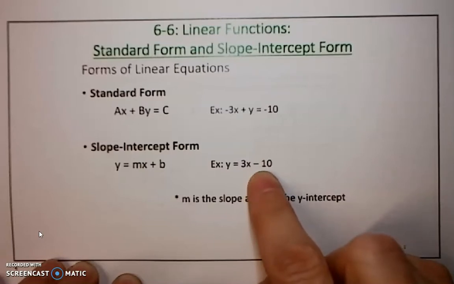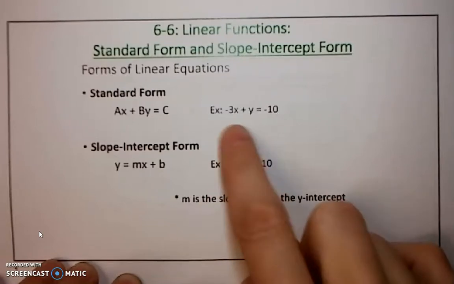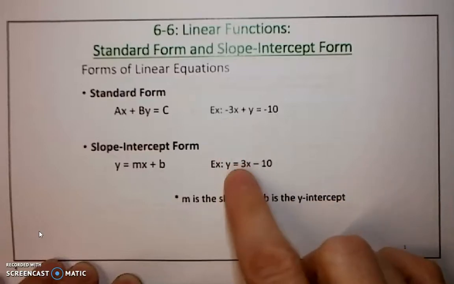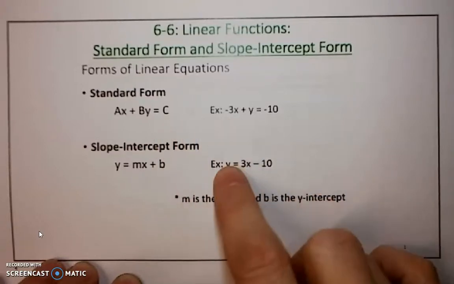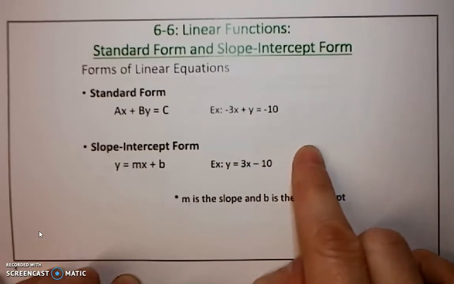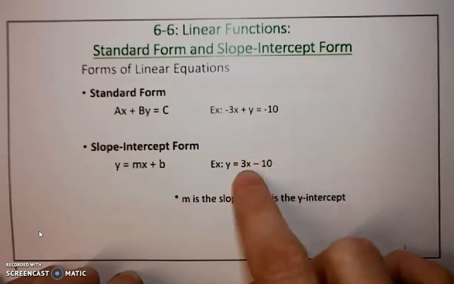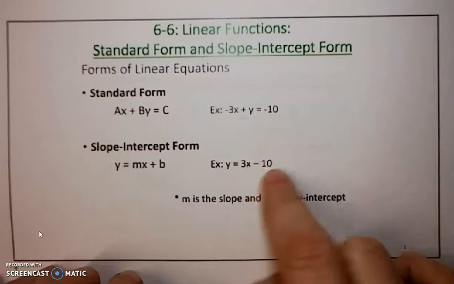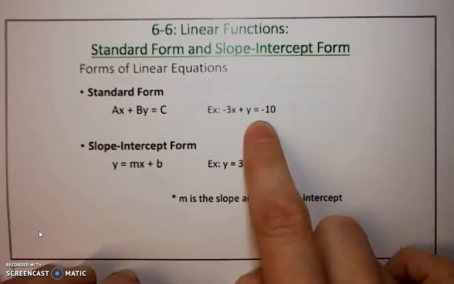What I want you to know is that whether I write it in standard form or slope-intercept form, I'm talking about the same line here, you guys. That's like me calling, for example, Madeline Maddie. She's the same girl. We could identify her as Maddie or Madeline, depending on if we're using standard form or slope-intercept form. For her, it's whether we're using her birth name or her nickname.